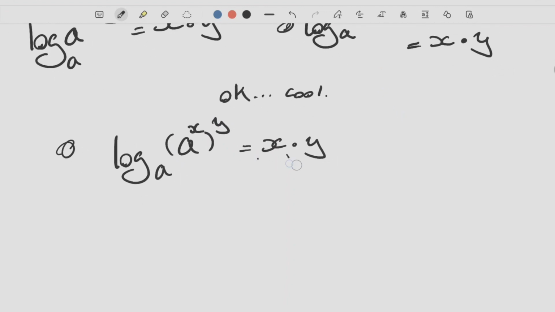What is this x? x is the power exponent; when a is raised to it, it gives us a to the x. Cool.